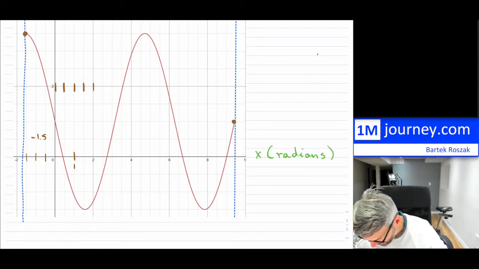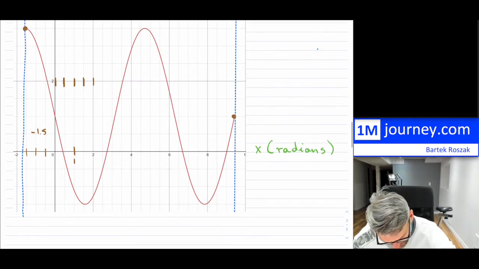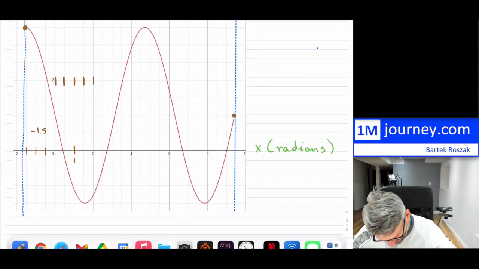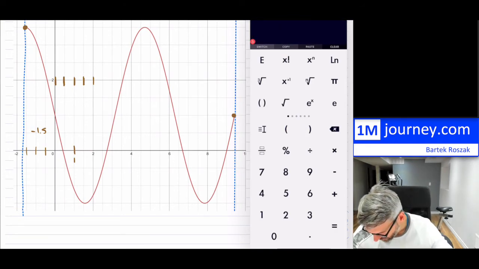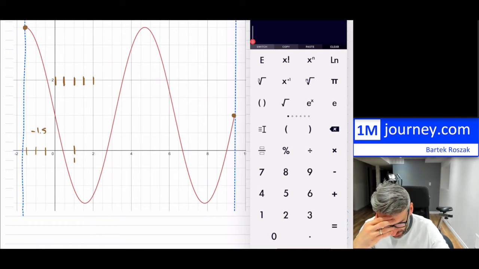So notice, not that easy. Let me take out the calculator and play around here and see. So that's negative 1.5, a little bit more than negative 1.5.